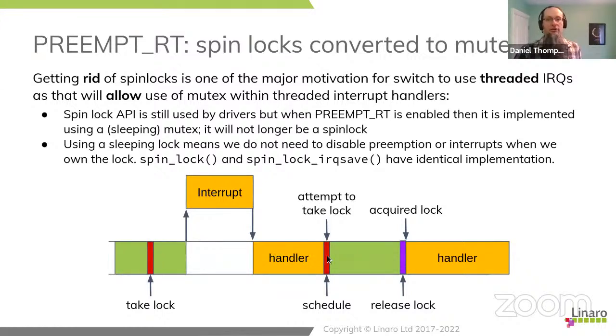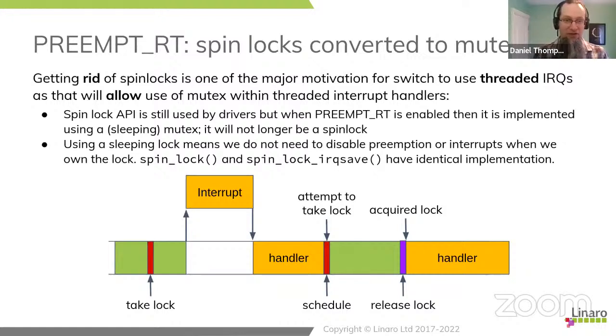The moment it tries to take the sleeping lock, so it's calling the spin lock API but actually under the covers using a sleeping mutex, the handler goes to sleep, the original thread runs until it releases the lock, and then the handler can take over again. That's what happens when we have the spin locks converted to mutex.